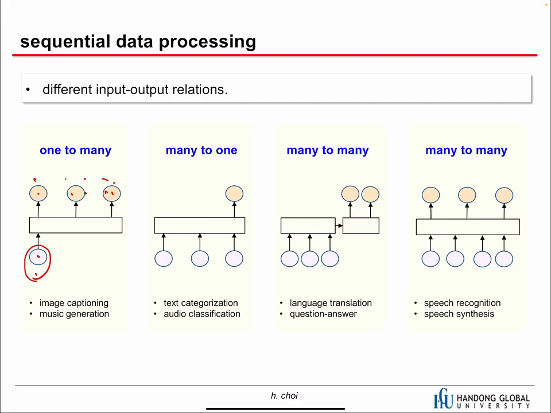And then there is a many-to-one kind of relationship. Text categorization is one good example. We have a lot of words, and then we have to classify this text. Or we have different types of many-to-many relationships. This one is something like translation, and this one is something like speech recognition.